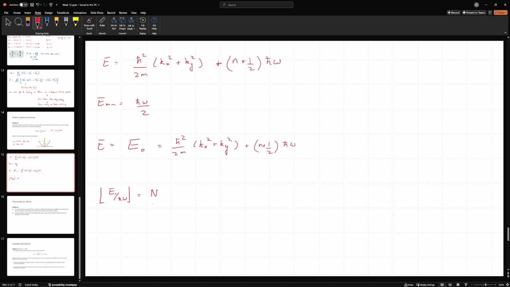Let this be some capital N. That implies E naught by h bar omega lies between N and N plus 1. Okay, so it can be greater than half also.